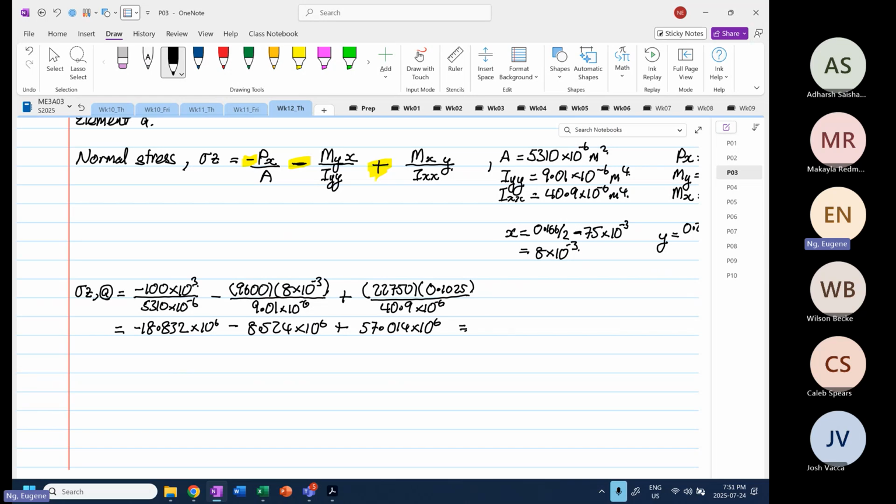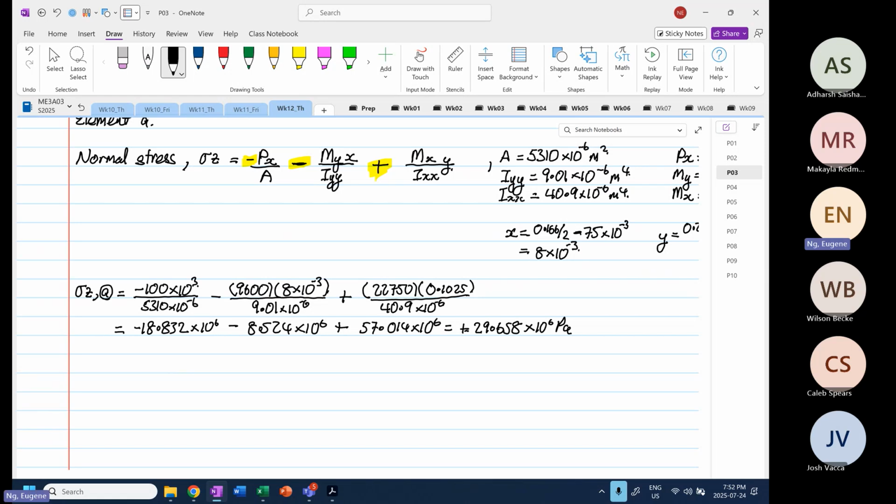So this will be equal to minus 18.832 minus 8.524 plus 57.014, which is equal to 29.658 times 10 to the power 6 Pascal, and it's positive. So the normal stress is straight.